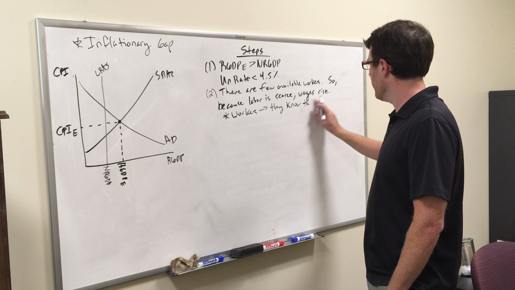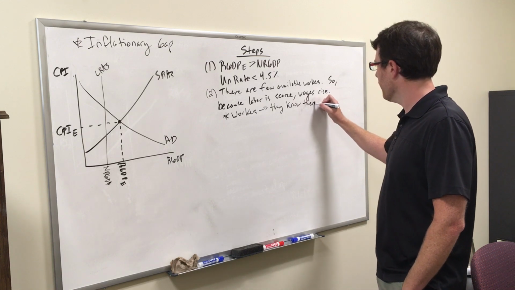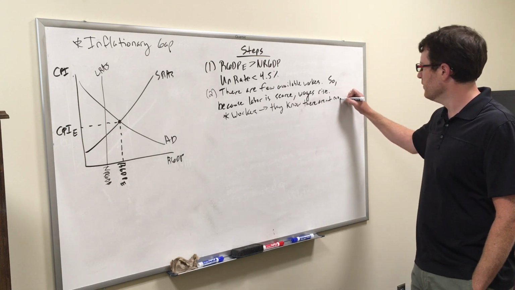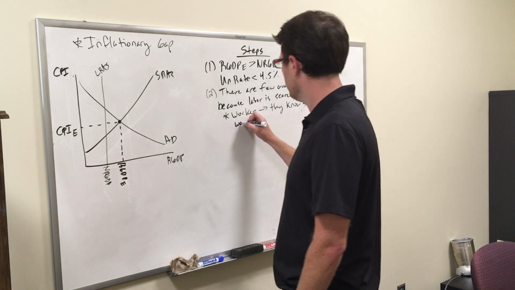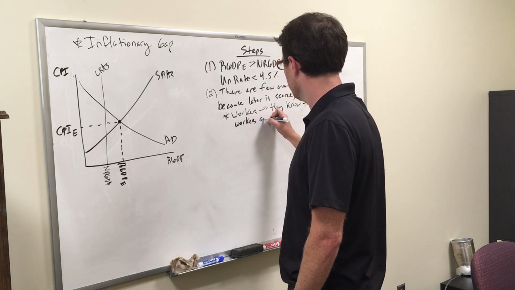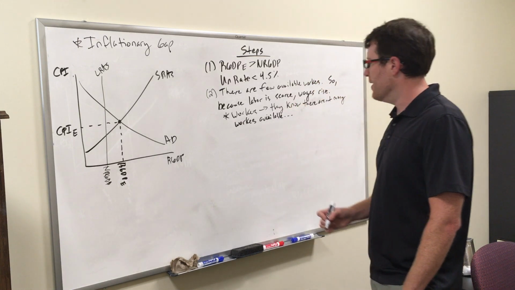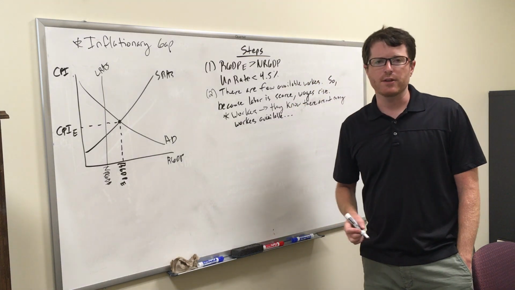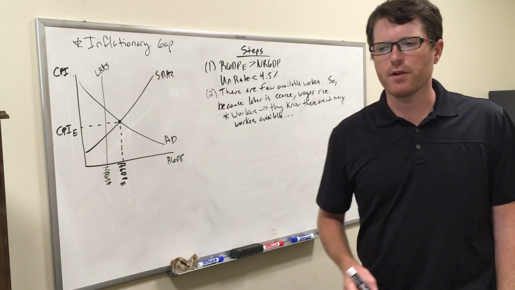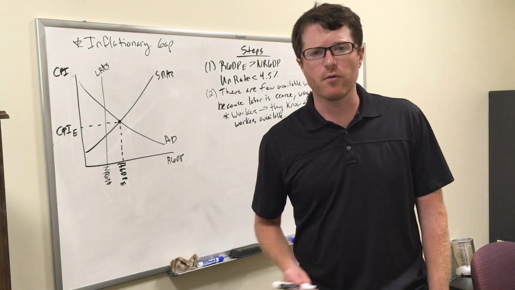They know there aren't any workers available. And so how do you take advantage of that information? Well, you don't accept a low wage, right? If you're an unemployed worker, you don't accept a low wage, you wait for a higher one.